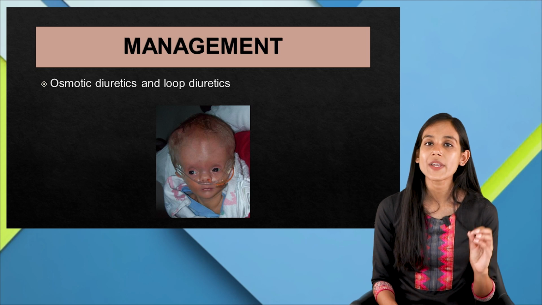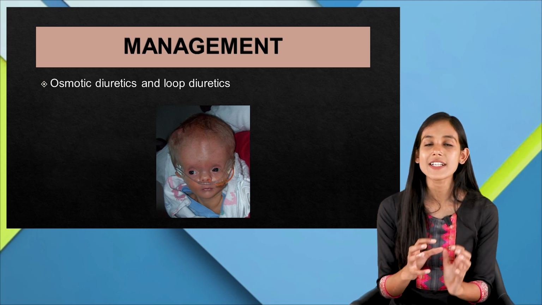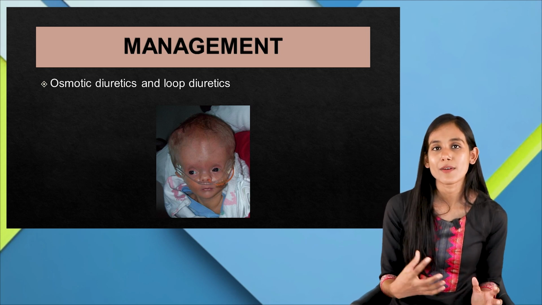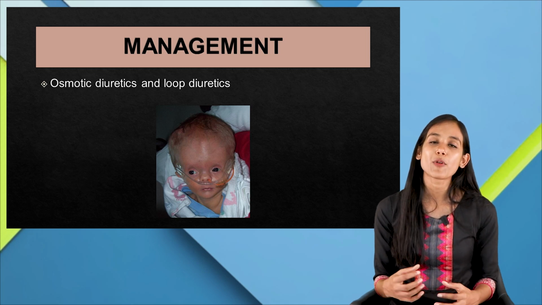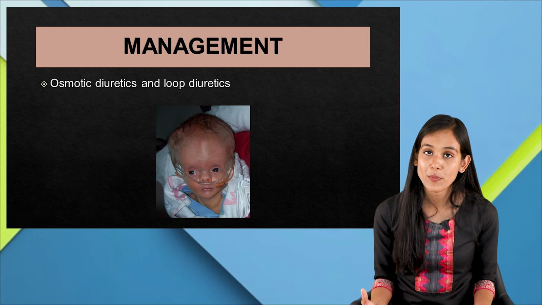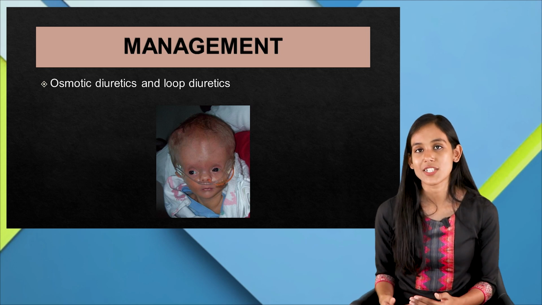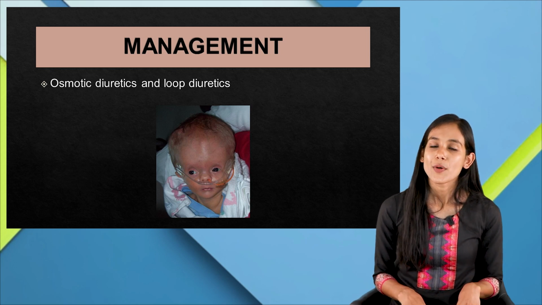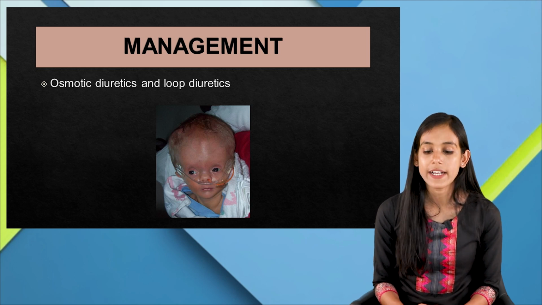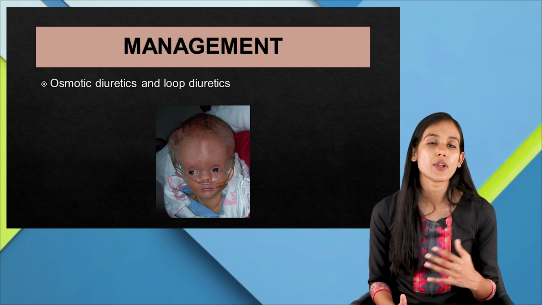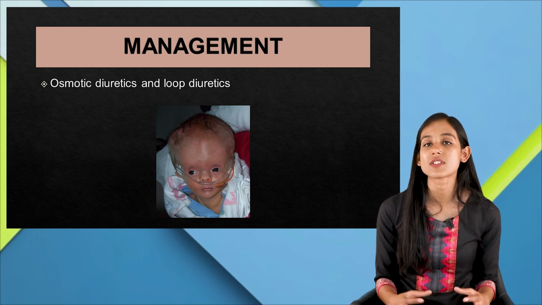So in that case, we can reduce the production. If there is reduced production of CSF, then even if there is a problem with the reabsorption, we can manage that, right? So here we provide diuretics to the child, like osmotic diuretics or loop diuretics, and with that we reduce the CSF production. This is a temporary management, and for the definitive solution we actually have to do surgical management.